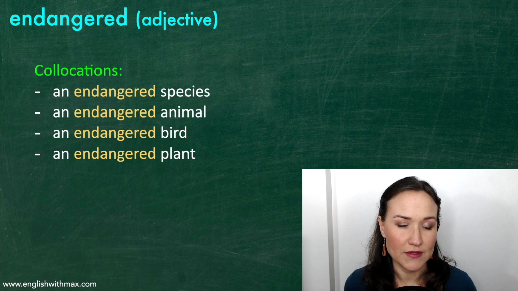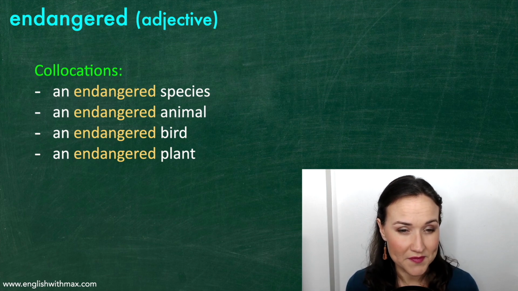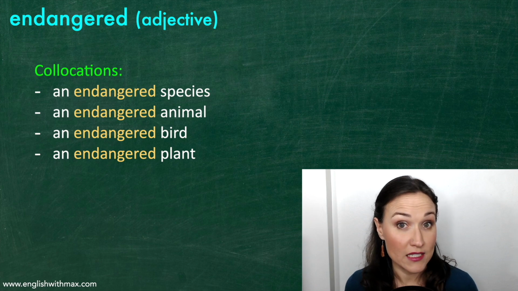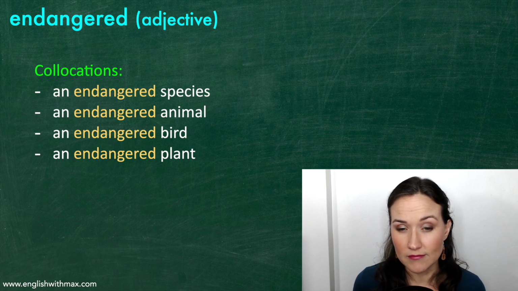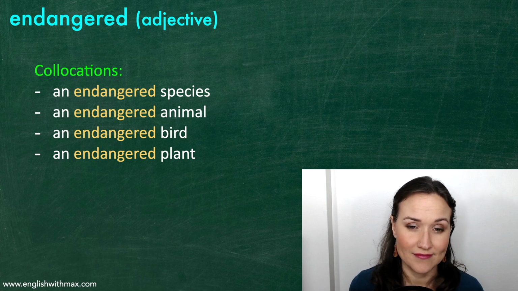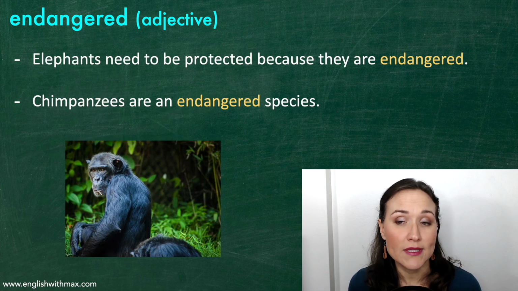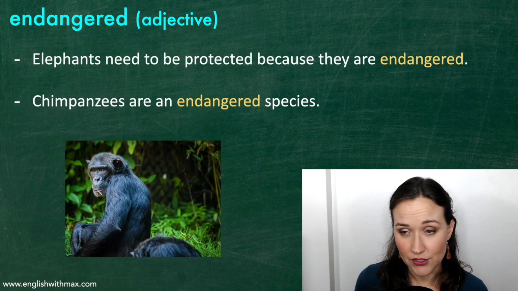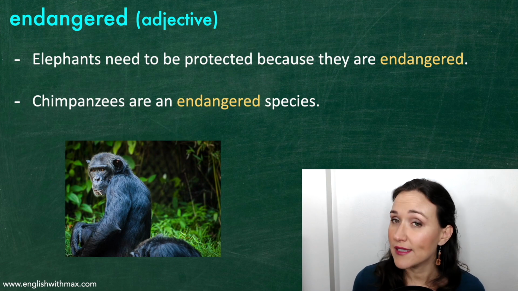Here are some collocations. We have an endangered species, an endangered animal, an endangered bird, and an endangered plant. Elephants need to be protected because they are endangered. Chimpanzees are an endangered species.